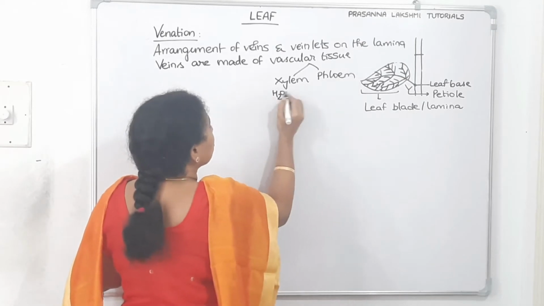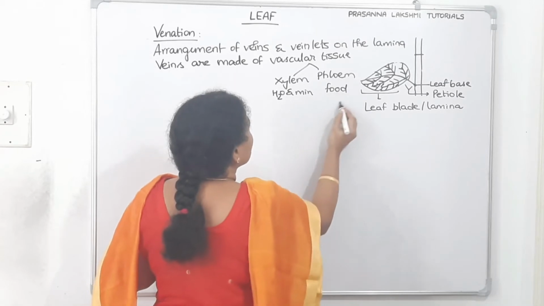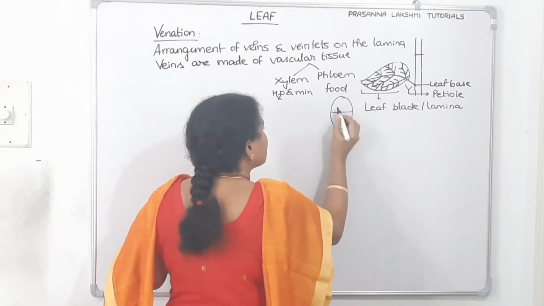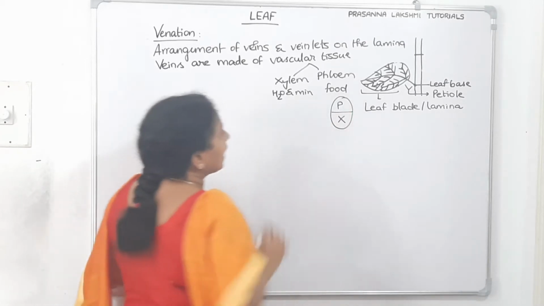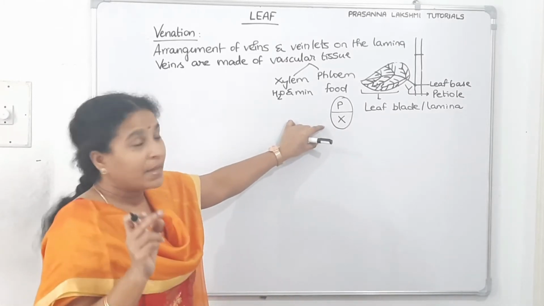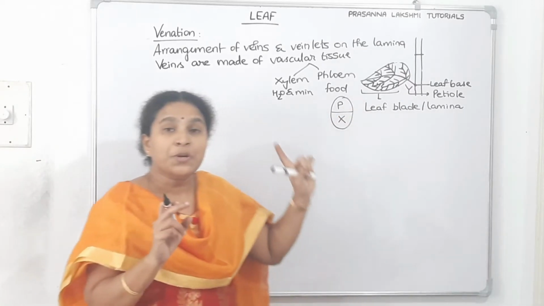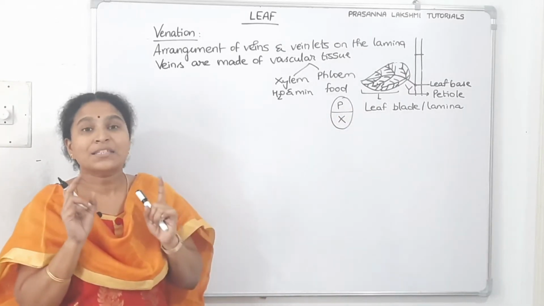Xylem helps in conduction of water and minerals. Phloem helps in conduction of food. So, if we draw a vascular bundle, here is the phloem and here is the xylem. This vascular bundle is present in the vein, and the veins are present on the lamina. The arrangement of these veins on the lamina is called venation.